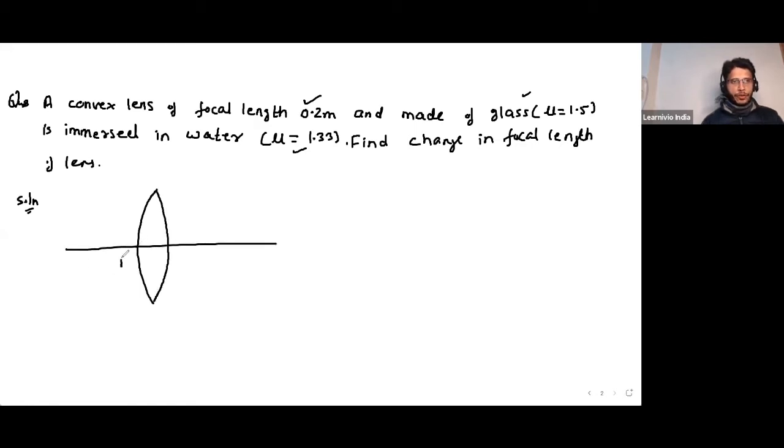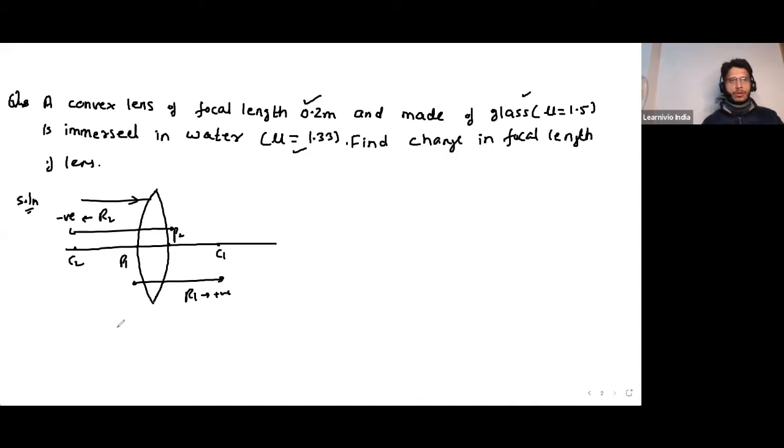This is the pole of the first surface. This is the center of curvature. This is the center of curvature, pole of the second surface. This distance is R1. This distance is R2. If light is coming in this direction, then your R1 is positive and your R2 is negative.